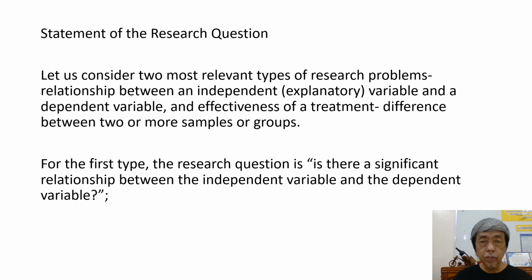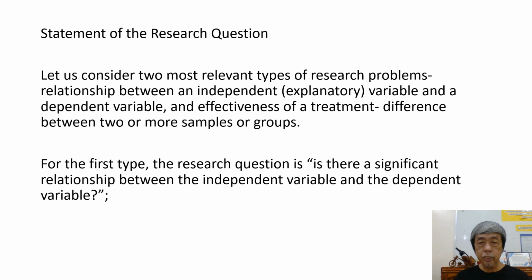For the statement of the research question, we can consider two most relevant types of research problems: relationship between an independent variable and a dependent variable, and effectiveness of a treatment, or difference between two or more samples or groups.